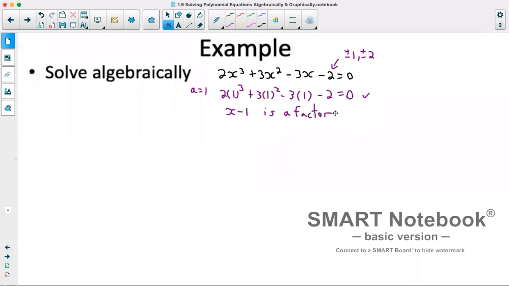So I will divide that out of this using synthetic division. We have our a value of 1, coefficients of 2, 3, negative 3, negative 2.